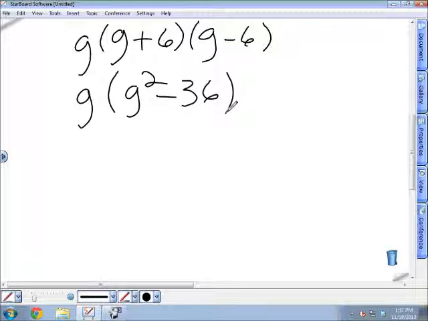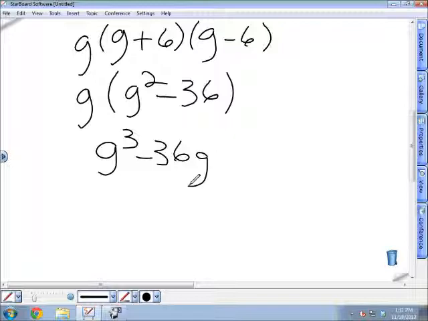And then distribute your g in afterwards. G cubed minus 36g. Multiplication is commutative, so you can do it in either order, but I think the second order would be easiest. You wait, so you didn't have 4 terms. That's just because I combined them. I know when I did my outer it was going to be minus 6g plus 6g. That's going to cancel out to 0, so I didn't write them. So this in between here is plus 0.